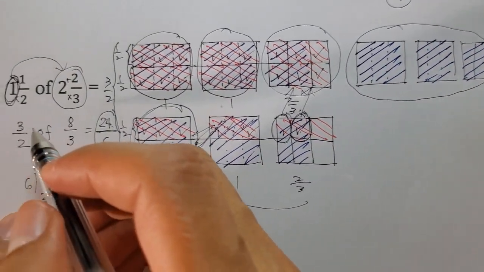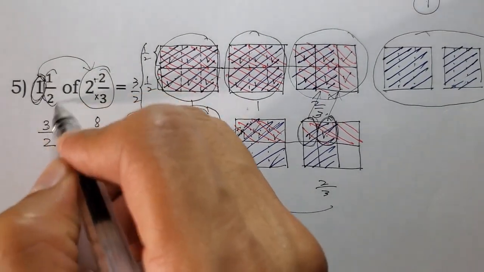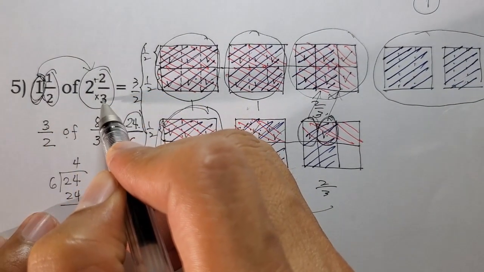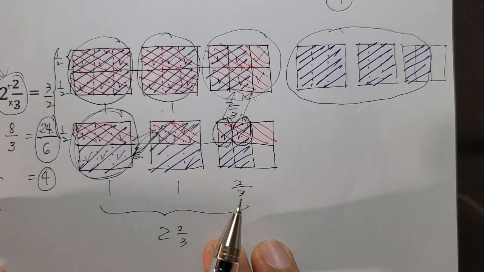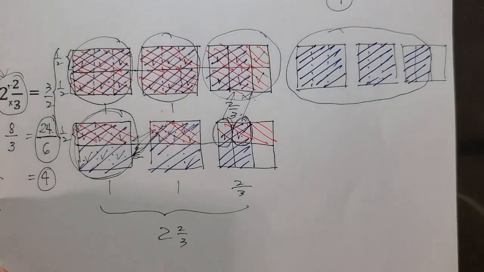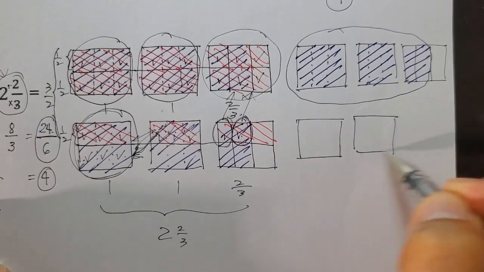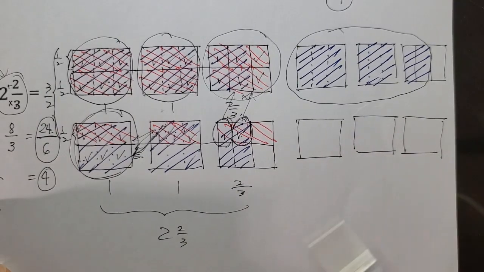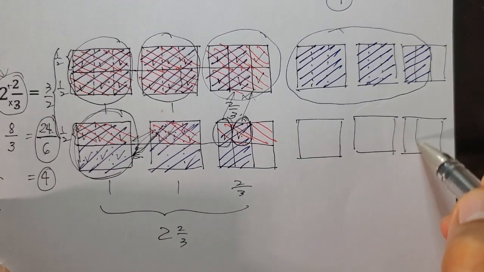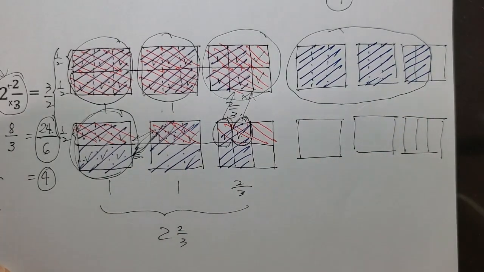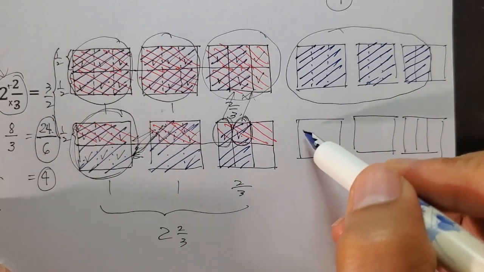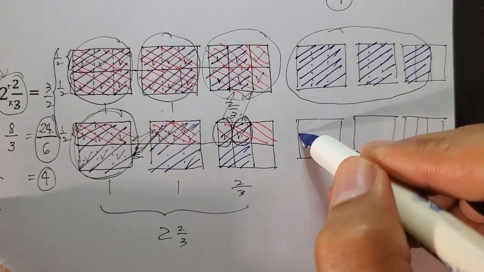After that one, we will also have to get 1/2 of this 2 and 2/3. 1/2 of the 2 and 2/3. So going back to our illustration here, I will make another 2 and 2/3. Okay, so the next thing that I have to do is I will divide it into 3 equal parts. And of course, I will now shade 2 and 2/3.